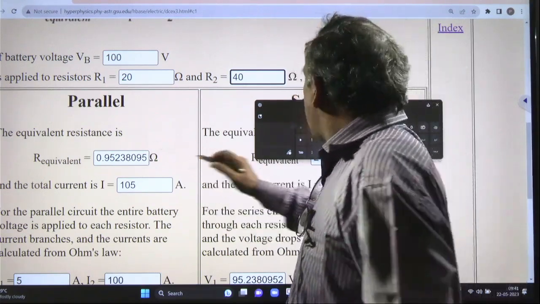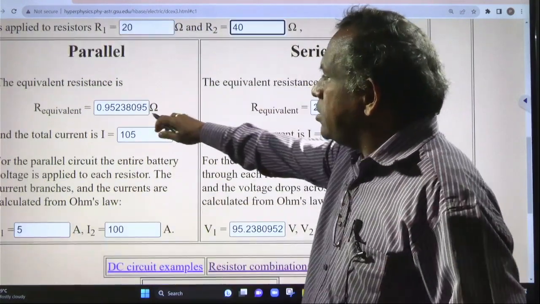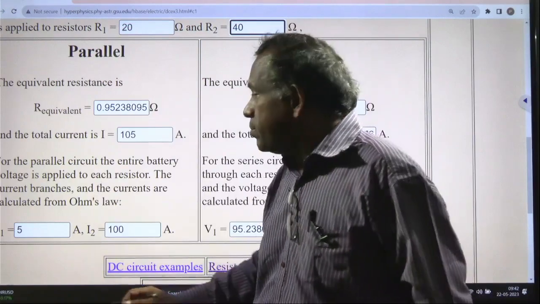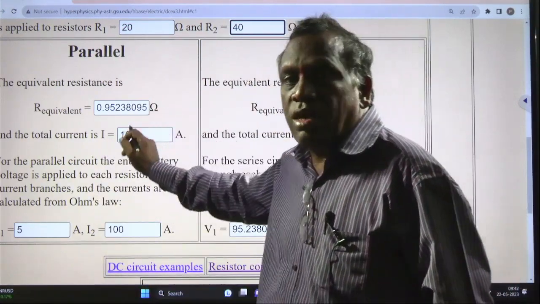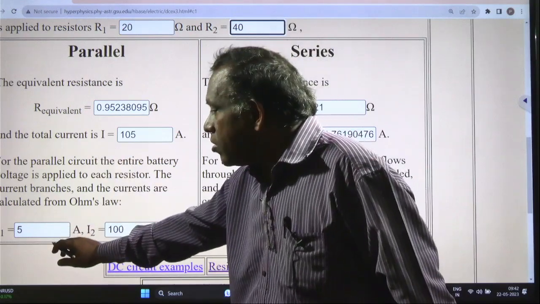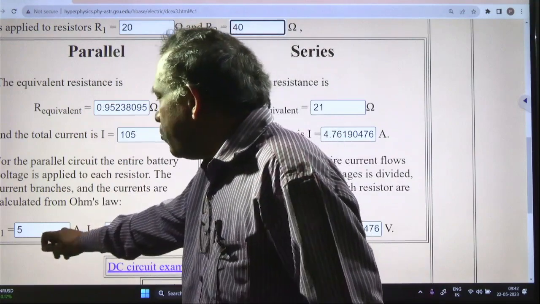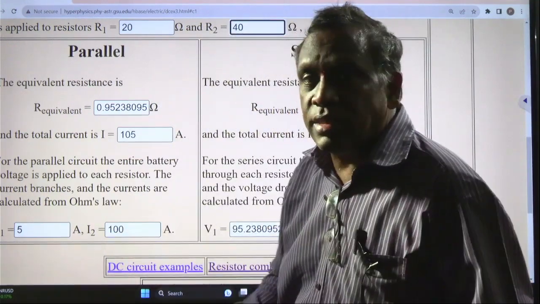If you observe here, the equivalent resistance in the parallel connection is 0.95, the current is 105 amperes. The current through the first resistance in the parallel connection is 5 amperes, and the current through the second resistance is 100 amperes.